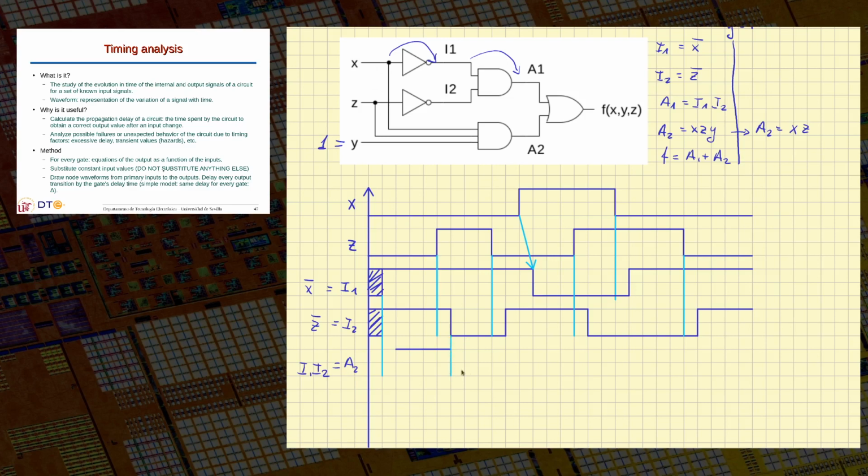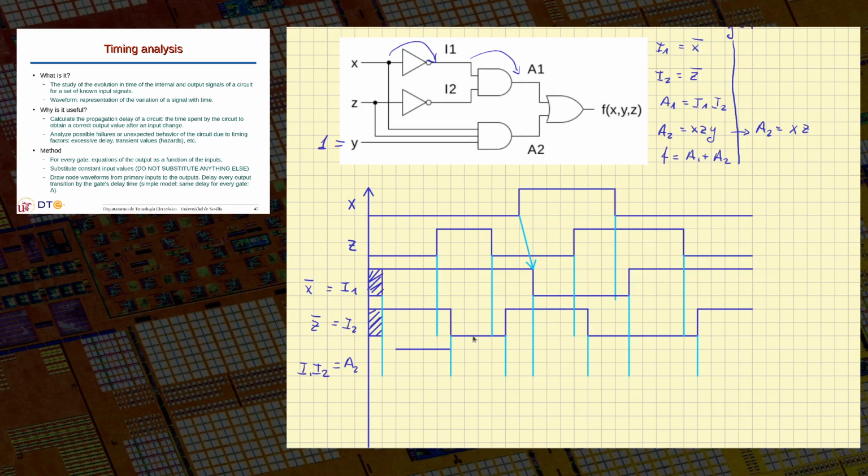So at this point, anytime the inputs of that gate change, I will need to reevaluate the output. So these are all my interesting points here. Changes in I2, I1, all those points here.